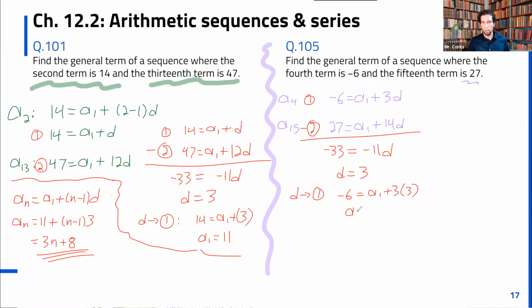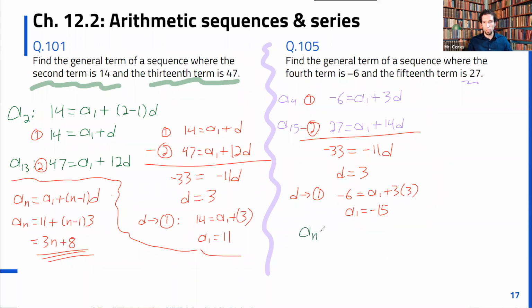All right, so a1 is equal to -15, so -6 minus 9, -15. Okay, so we want the general term, so we don't need an n. The n will stay there.